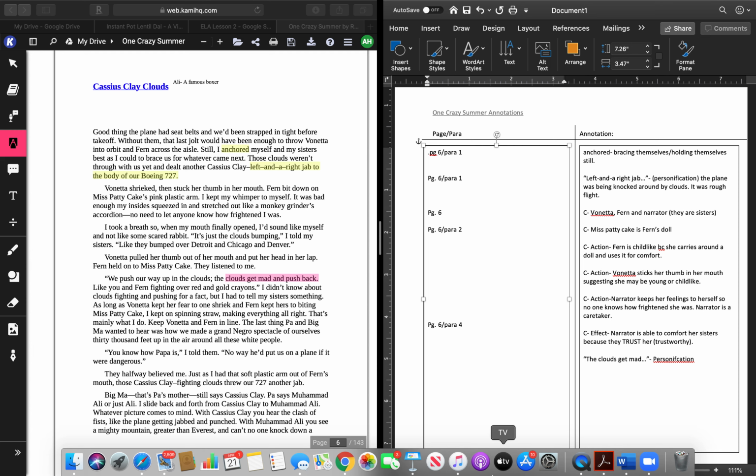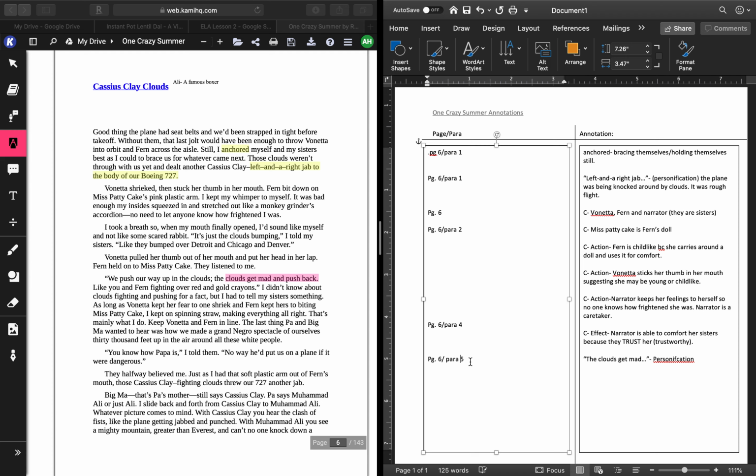And we're still on page 6, but we're on a new paragraph. And that is paragraph 1, 2, 3, 5. Okay. We also see some actions, and we learn that our narrator keeps her sisters in line, right?